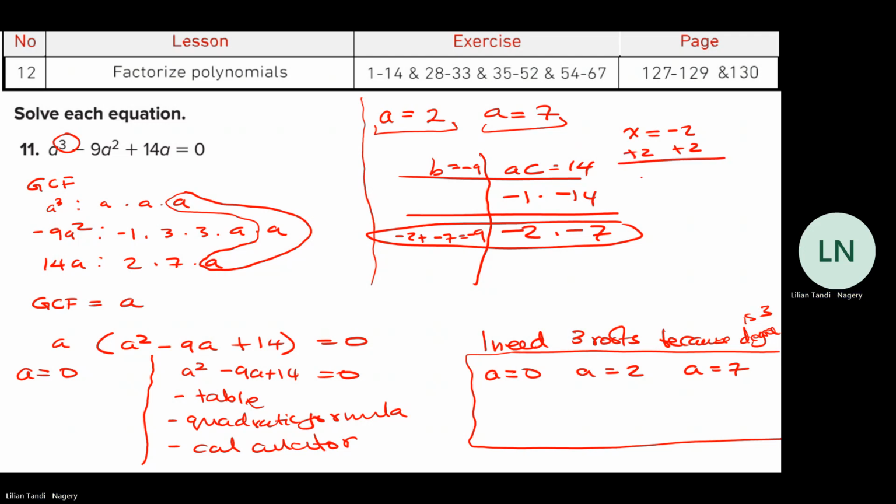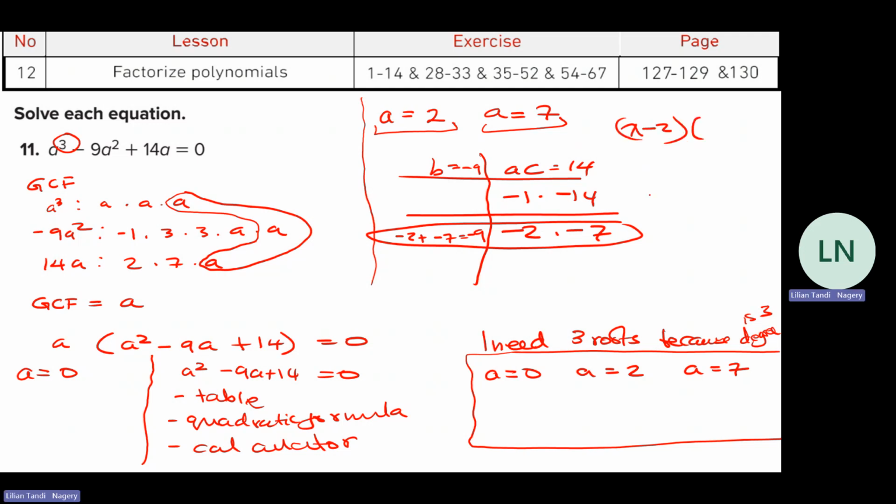I found my factors. Sorry. So it's x minus 2, because these are your factors.